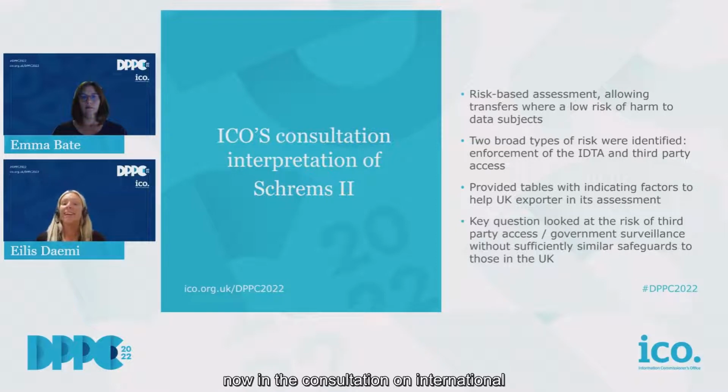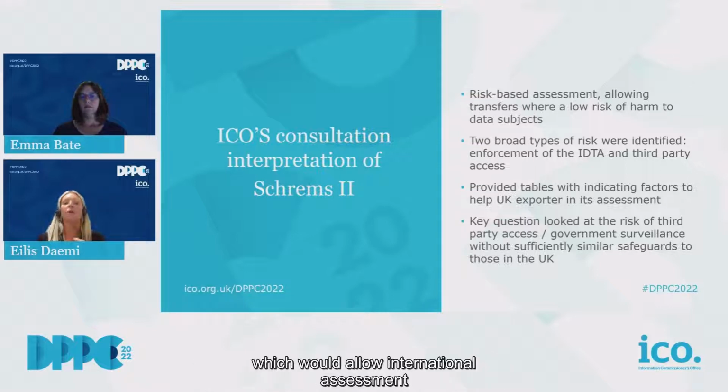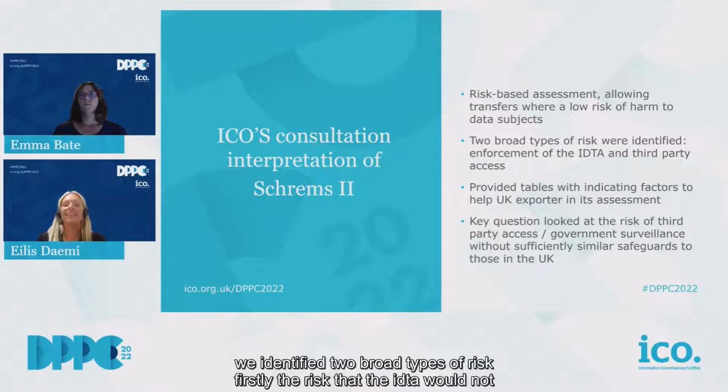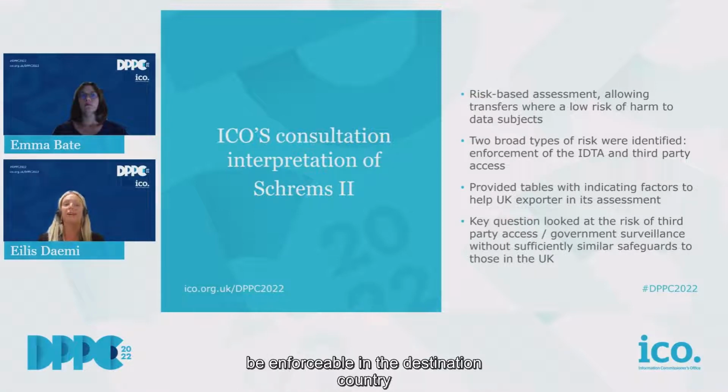Now, in the consultation on international transfers, the ICO presented a risk-based assessment, which would allow international transfers of personal data where there was a low risk of harm to data subjects. We identified two broad types of risk. Firstly, the risk that the IDTA would not be enforceable in the destination country.